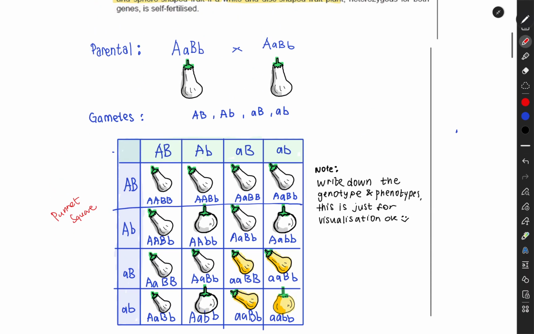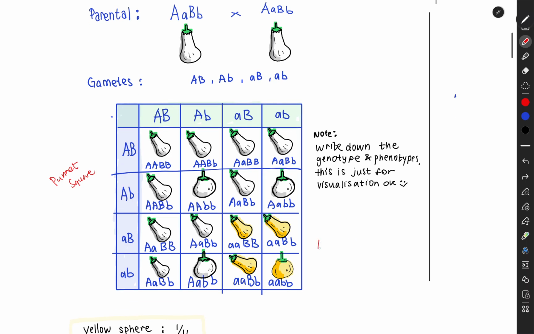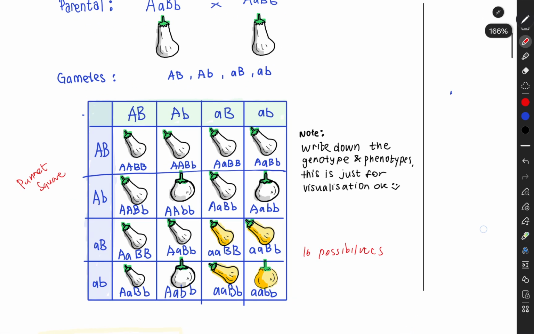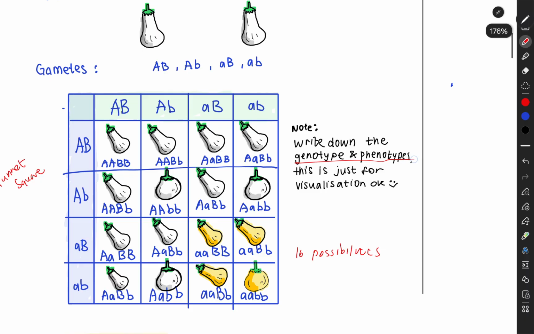So we have these gametes, and they just pair up to make these 16 possibilities of the filials. Anyway, we need to write down the genotypes and phenotypes. This is just for visualization.